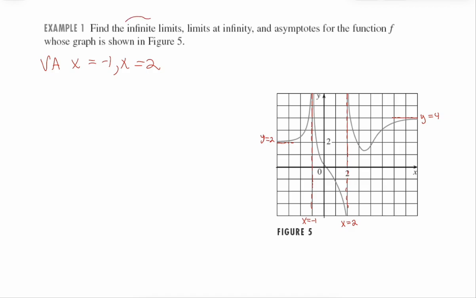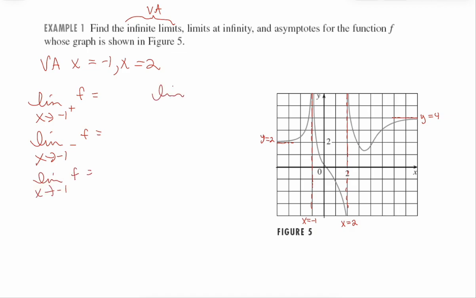This really matches up with the vertical asymptotes, so let's do those first. We need to analyze as we approach -1 from the right. We need to look at where we approach -1 from the left. And we need to analyze, do they match at -1?